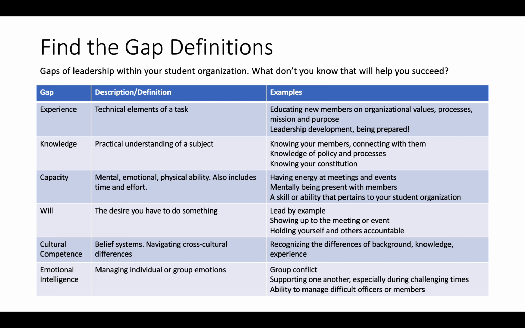So for experience, technical elements of a task. It's kind of like a big, broad thing. But an example of that would be, I need to have experience in educating new members on the organizational values, processes, mission, and purpose. I need to have experience on leadership development and being prepared.